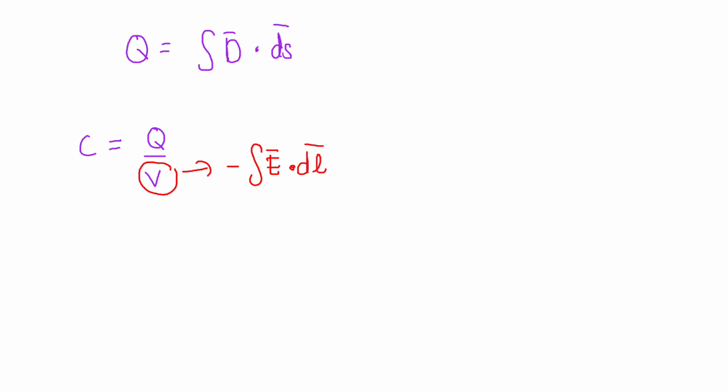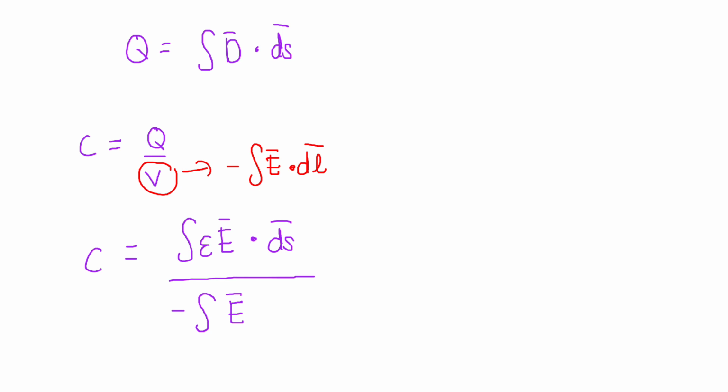So we replace this into Q and this one into V, then we will get this equation: C equal to the integration of epsilon E dot dS, because we know that D equal to epsilon E, over negative integration of E dot dl.